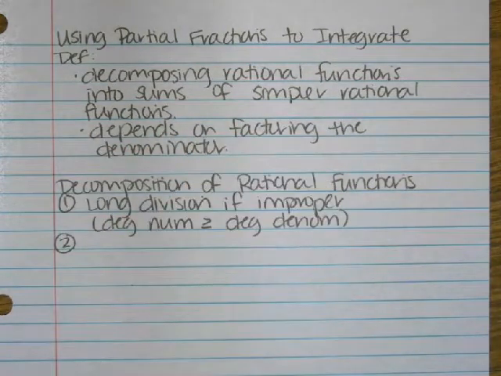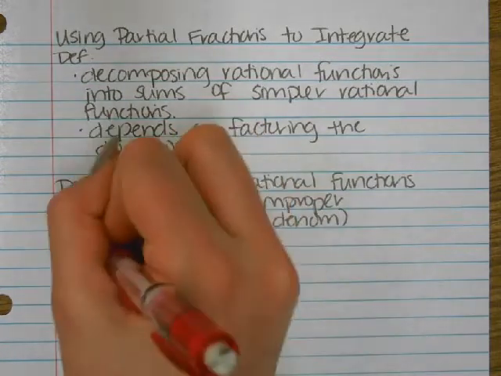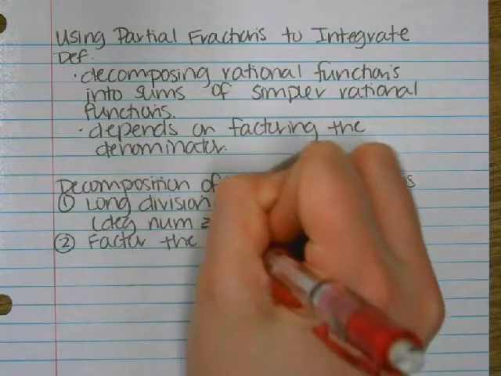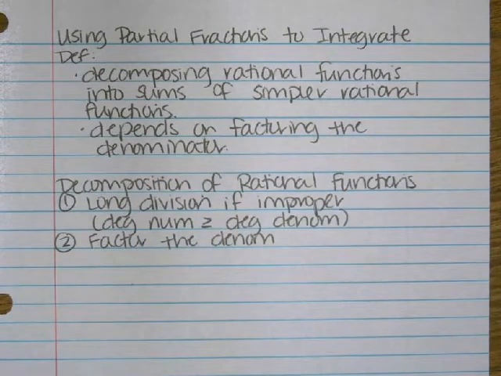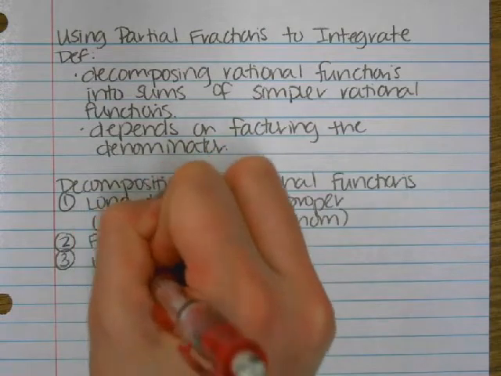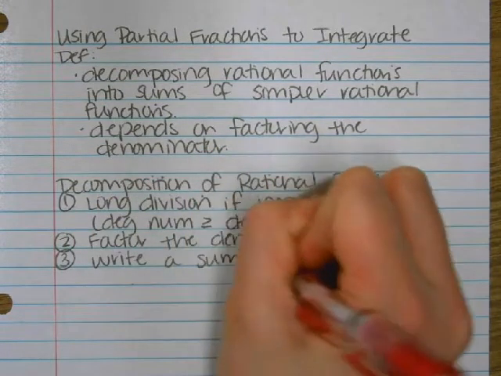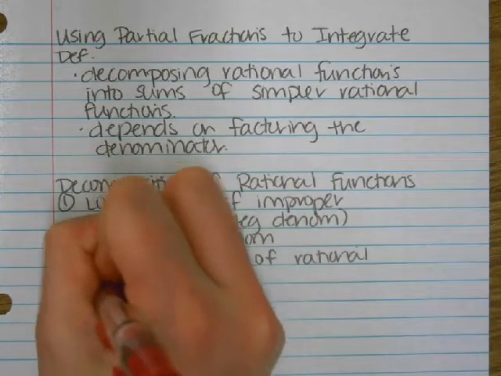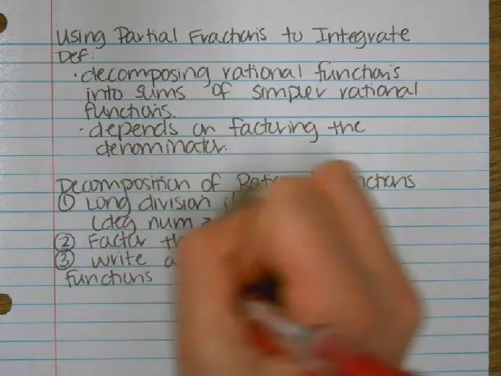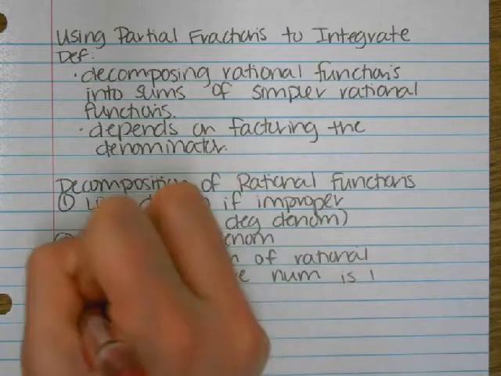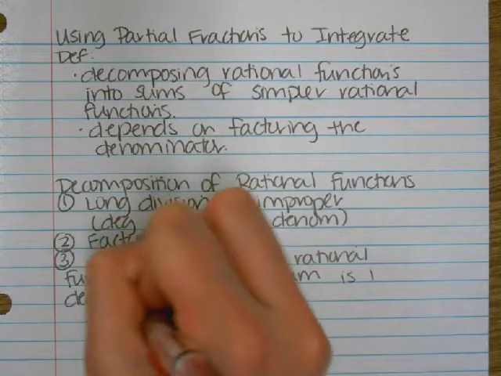Second, if that doesn't work, if you can't do long division, then that means you have to start off by factoring the denominator. That's you figuring out what your denominators are going to be for each of the different fractions before you got the common denominator. And then after that, you're going to write a sum of rational functions where the numerator is 1 degree less than the denominator.